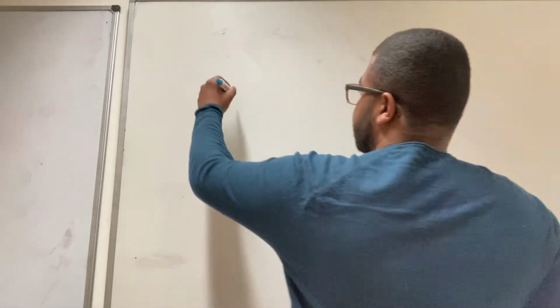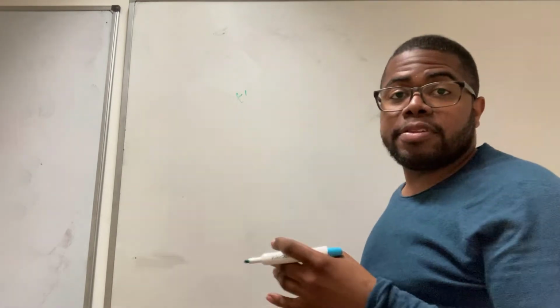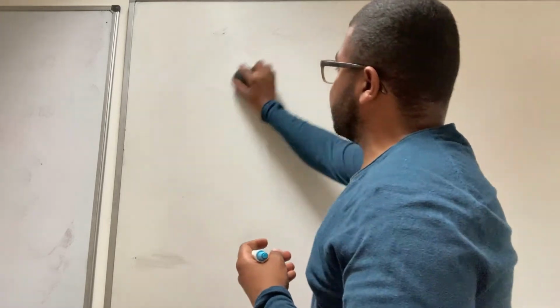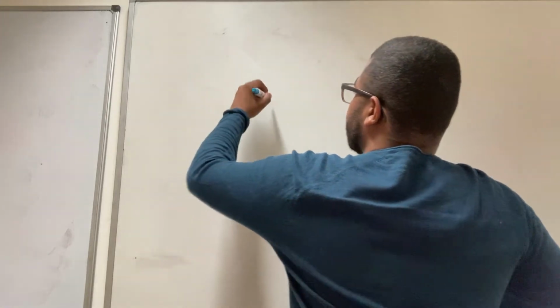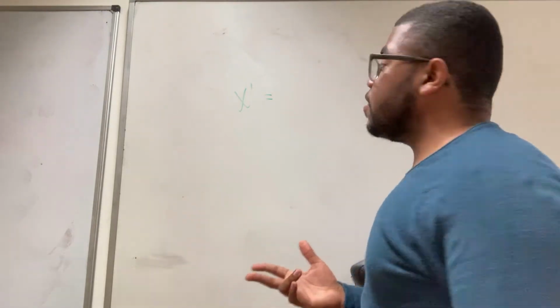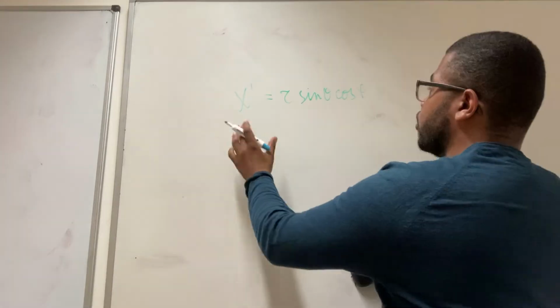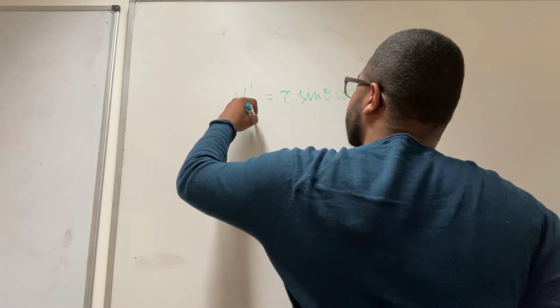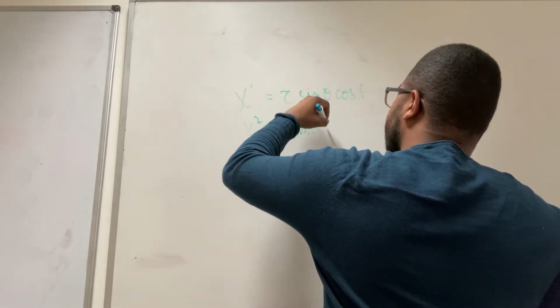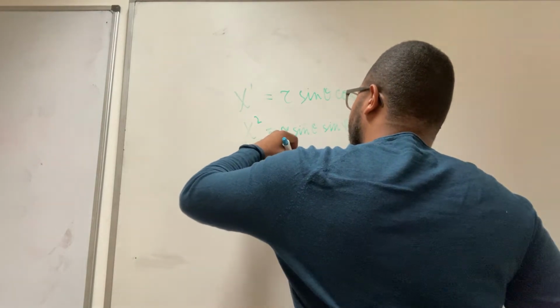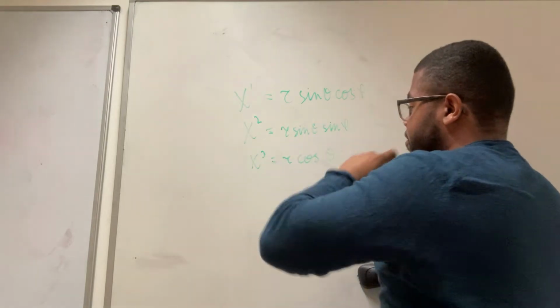In order to do what we wanted to do, we remember that in any coordinate system you have, for example, the x^1, which is the Cartesian correspondent to that particular coordinate system. I'm going to draw it a little bit bigger, perhaps for more clarity. We said that in the spherical coordinate system, x^1 was, if I'm not mistaken, equal to r sin theta cos phi, x^2 was r sin theta sin phi, and x^3 was equal to r cos theta.